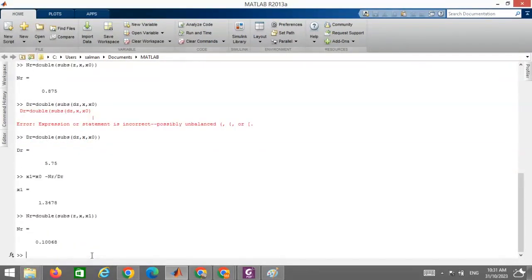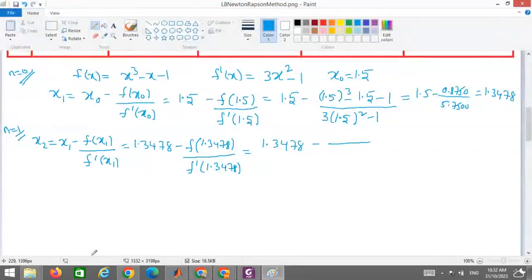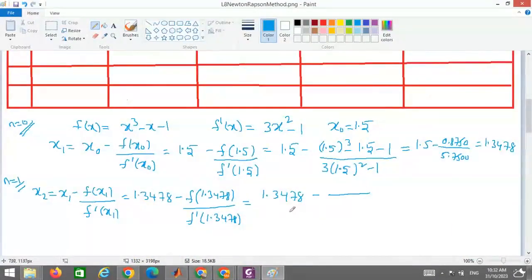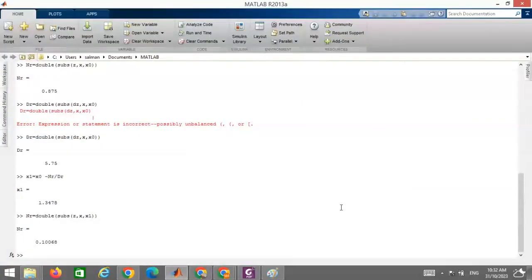Okay. So in the numerator, I get 1.0068 value. Correct, this is the value I got: 1.0068 divided by, now let us find out what the denominator is. This is the denominator, but I have to use the value of x1.